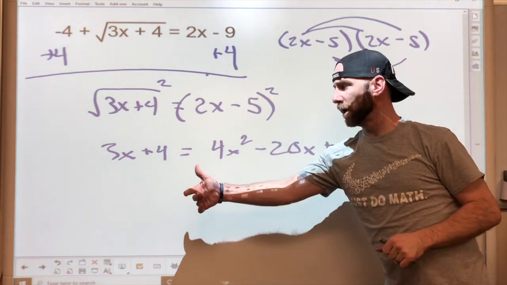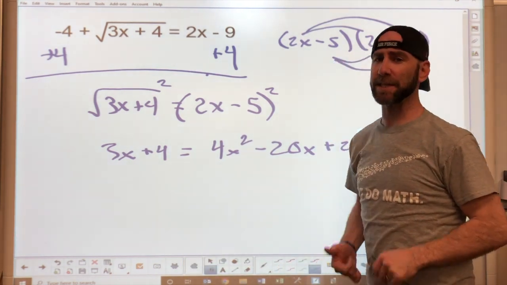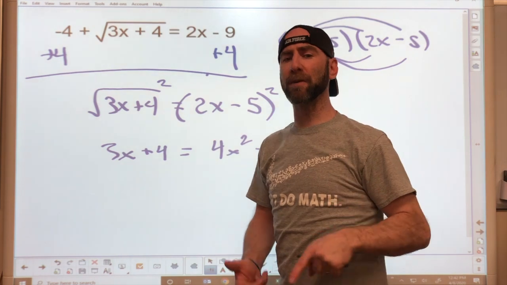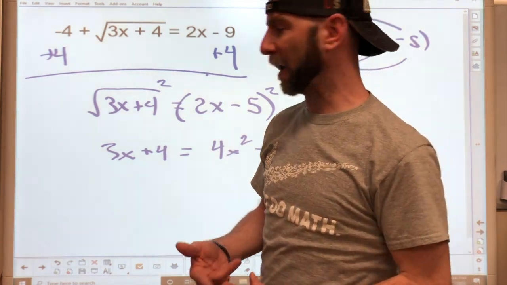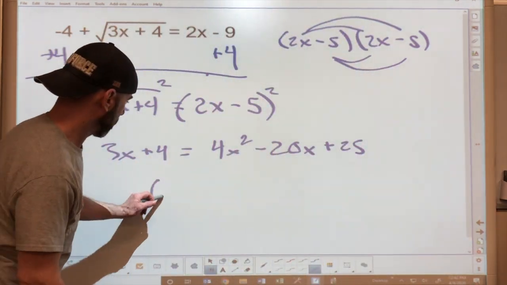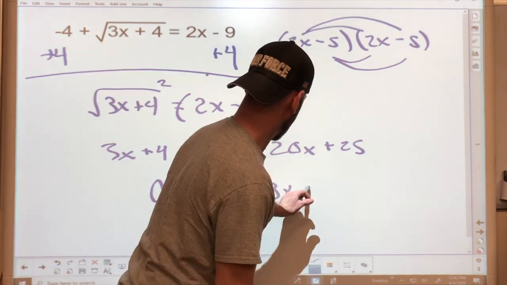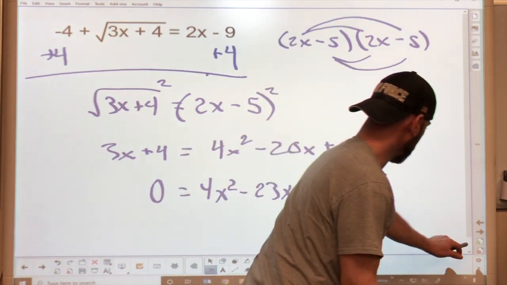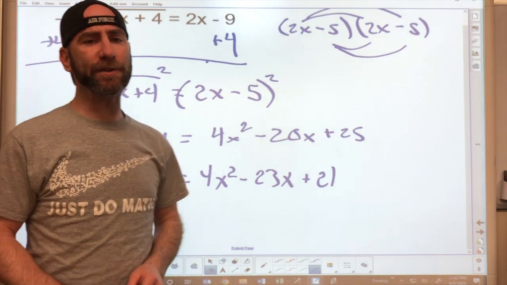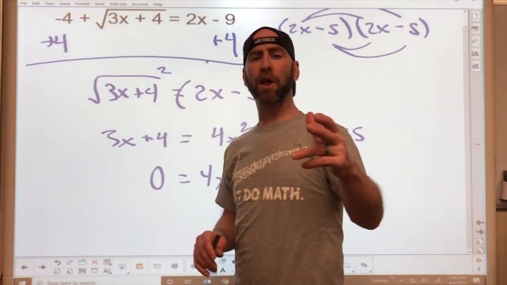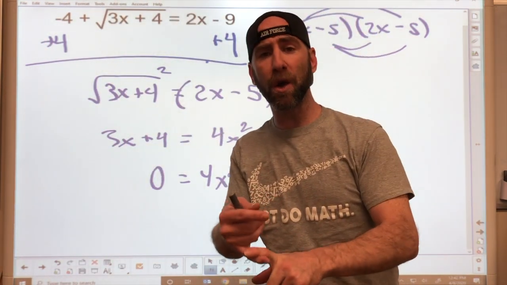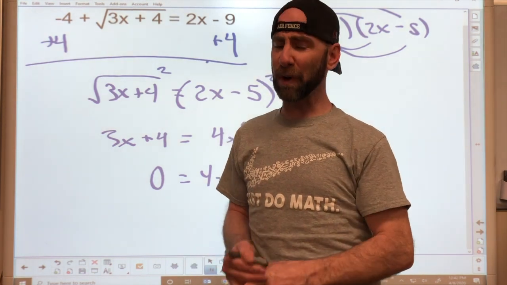Once you get here, you're going to have to set the equation equal to 0 because it is a quadratic with an a value and a b value. Now we have our quadratic set equal to 0, you need to solve it. You can solve it using factoring or the quadratic formula.